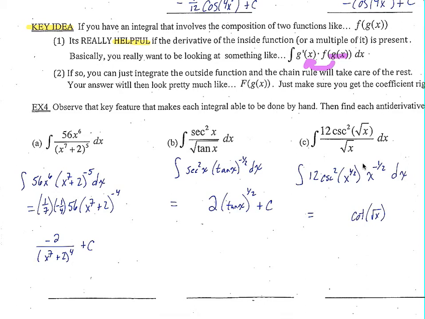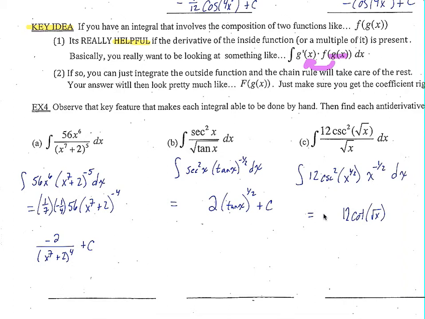Oh, actually, hold on, I've forgotten a 12. So this 12 is coming from there. And then the last thing that I need to do is balance the fact that when I take the derivative of this, it's going to end up putting a 1/2 x to the negative 1/2 in the front.